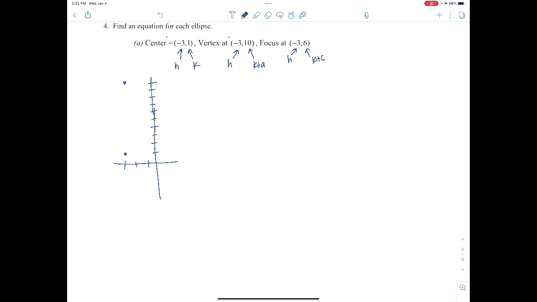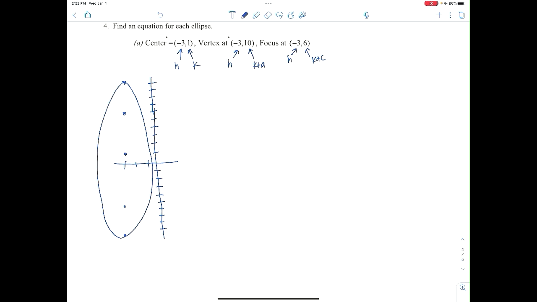And then the focus is (-3, 6), 1, 2, 3, 4, 5, 6. The other focus and the other vertex are the same amount of space away, so this one is going to go 1, 2, 3, 4, 5, 6 down to here. Okay, something like this. I don't really know how wide this ellipse is, but this gives me an idea.